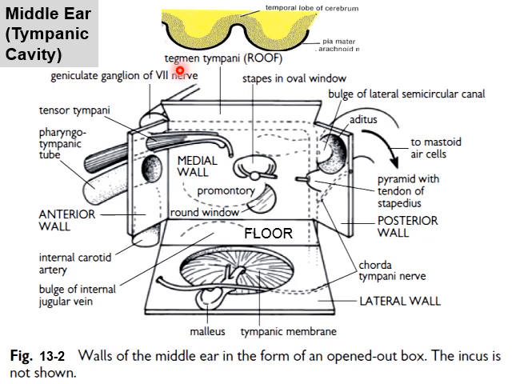Now let's see the facial nerve. The facial nerve runs in relation to the middle ear. It has a ganglion called the geniculate ganglion. This geniculate ganglion is located at the junction of the roof of the middle ear and the anterior wall.